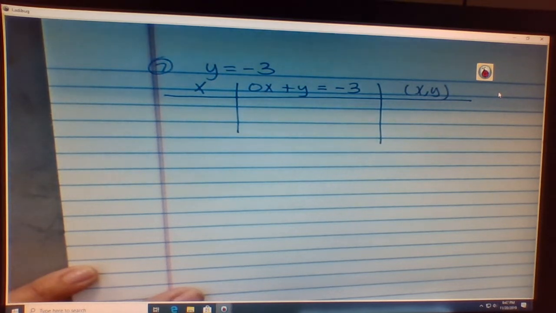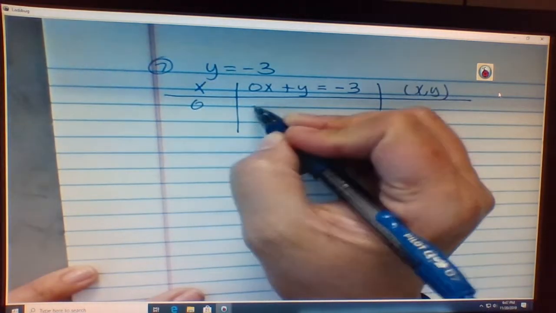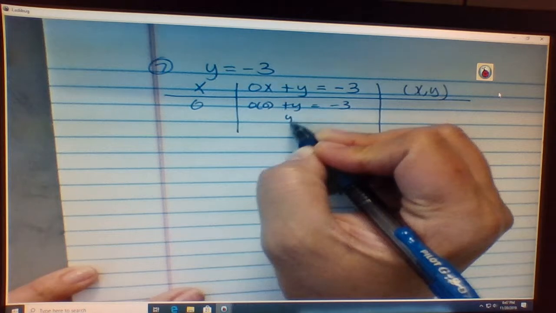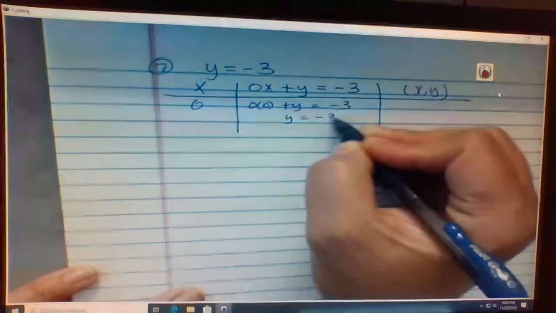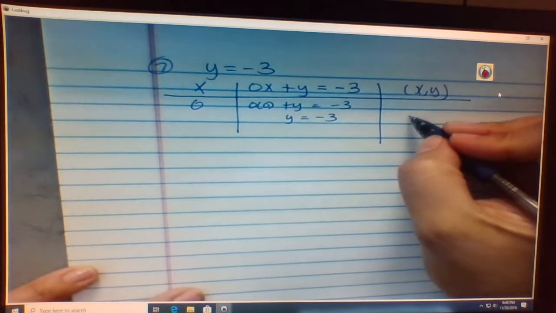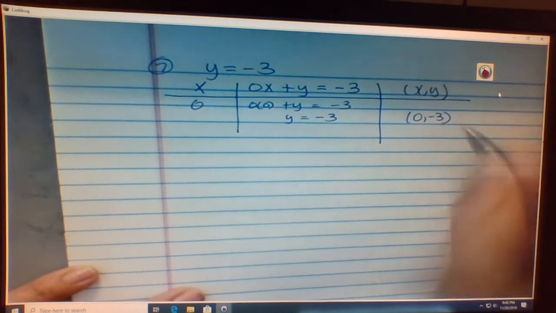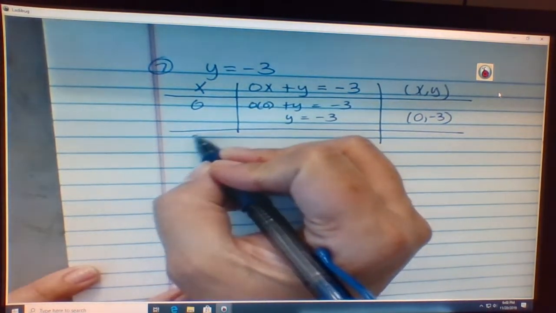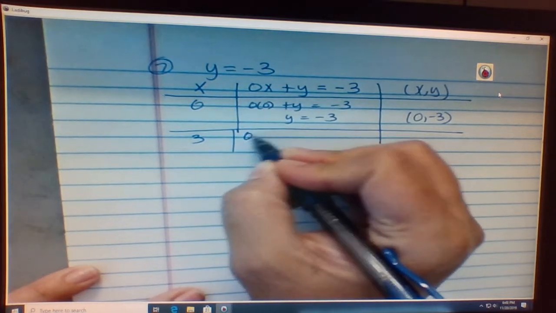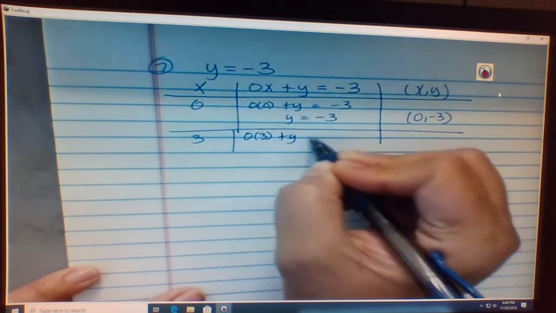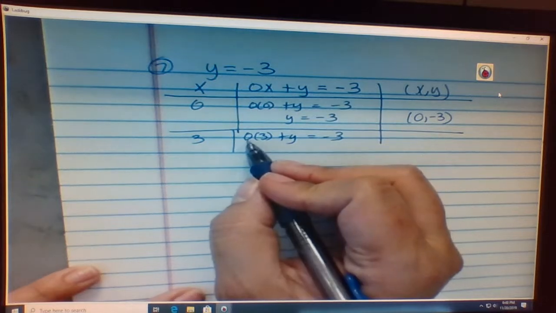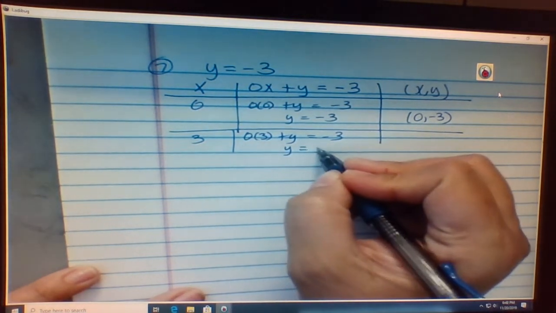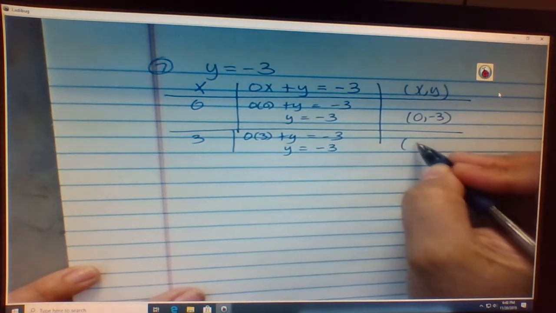So what do you want to let x be? 0? 0 times 0 plus y equals negative 3. So y is negative 3. Point (0, -3). What else? 3. 0 times 3 plus y equals negative 3. What's 0 times 3? 0. So y is still negative 3.